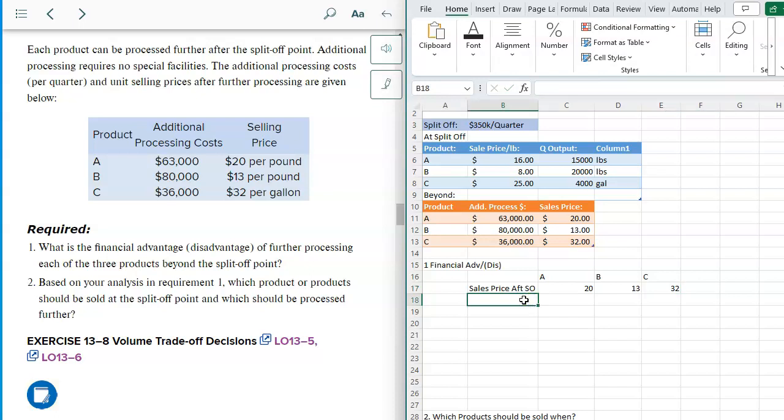And then to compare, we'll go ahead and enter our prices at the split-off point. Price at split off. And we can see from the book or in the chart that I've made here that it is $16, $8, and then $25 for C.